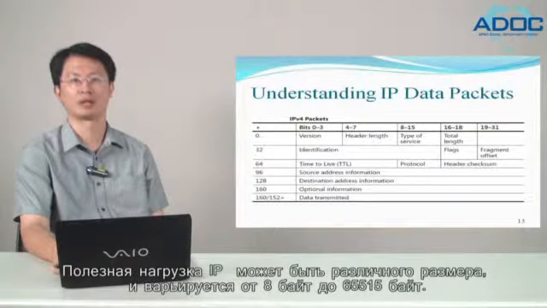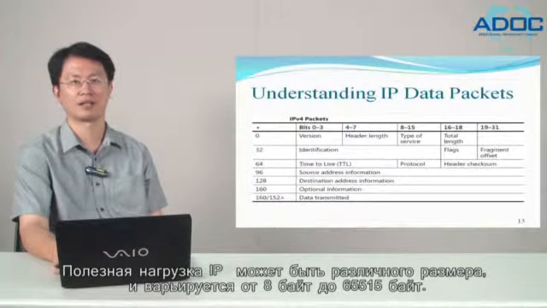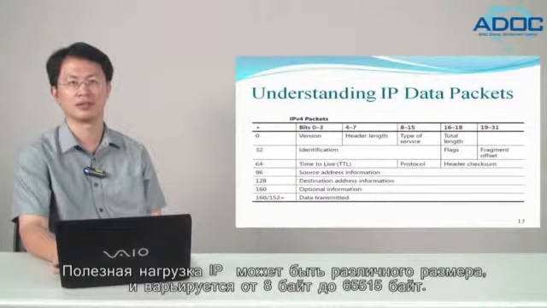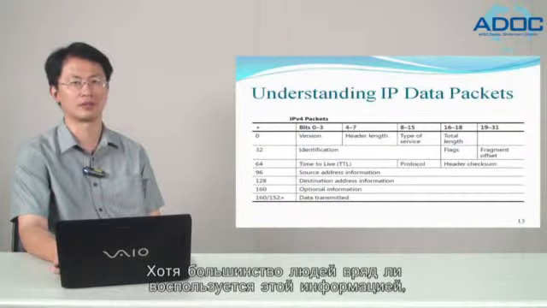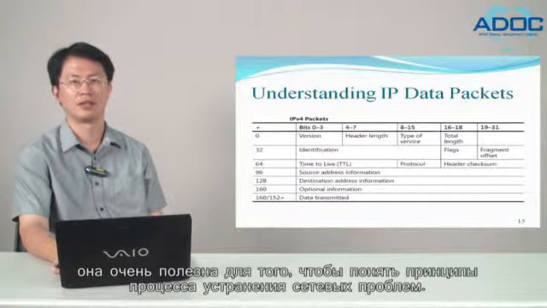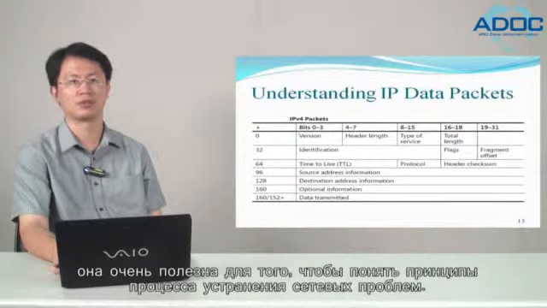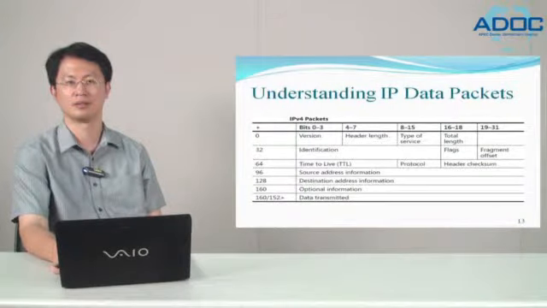The IP payload is of variable size as well, ranging from 8 bytes to 65,515 bytes. Although most people will never use this information on a regular basis, it is very useful for understanding how to troubleshoot network problems.